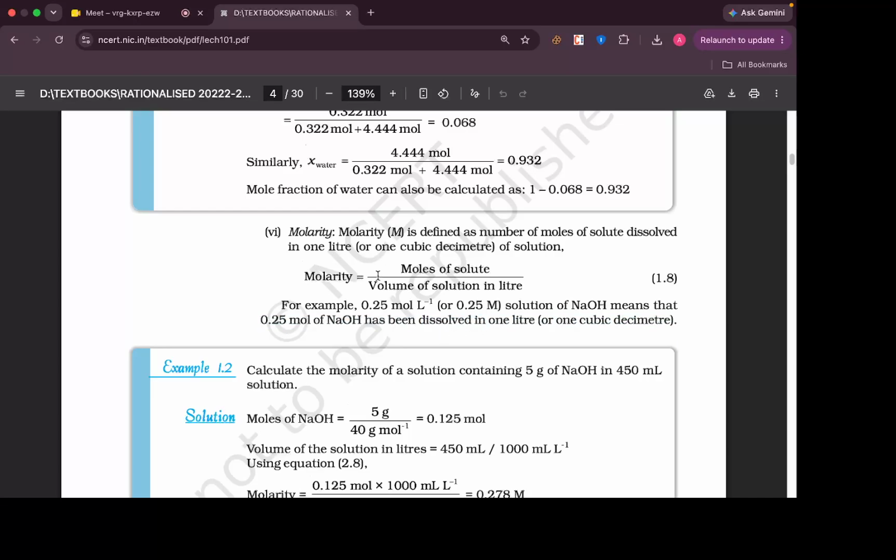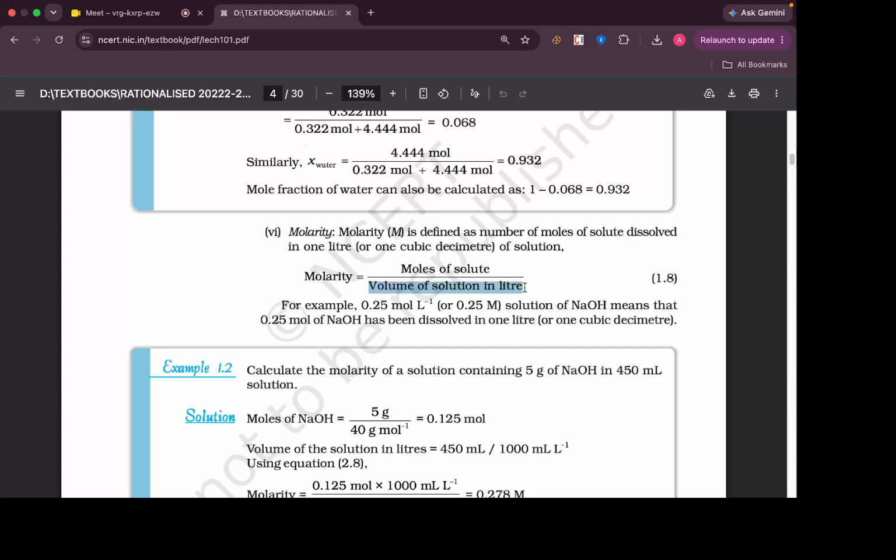How will I read it in textual format? 0.25 moles of solute. Solute is what? NaOH. If it is written solution of NaOH, this will obviously be the solute, not the solvent. So 0.25 mole of NaOH has been dissolved in how much? 1 liter.